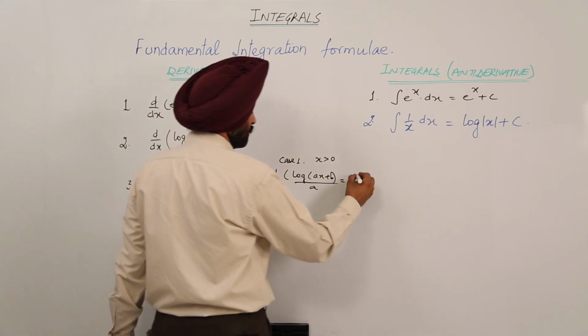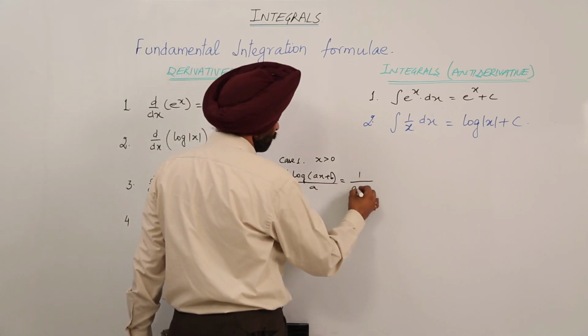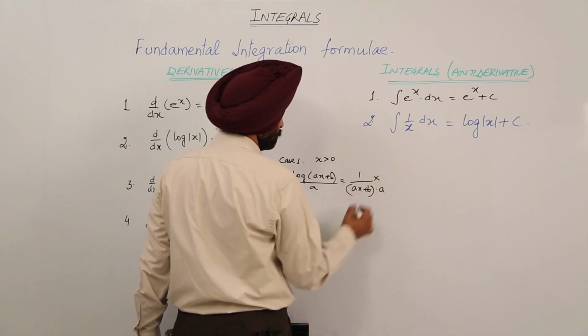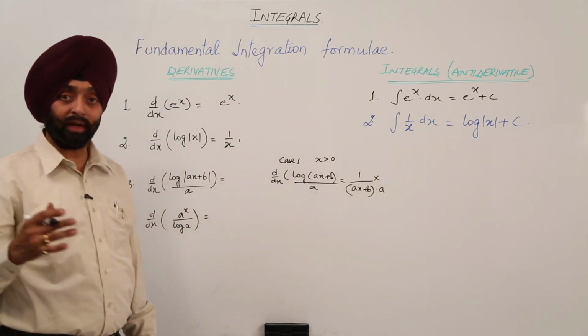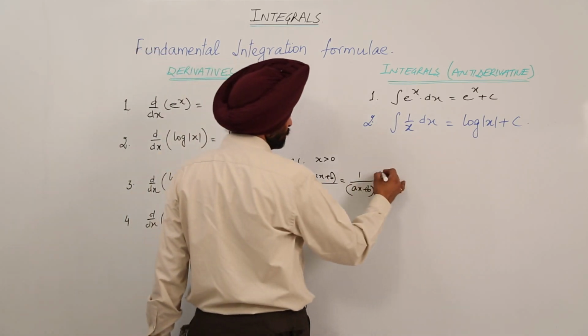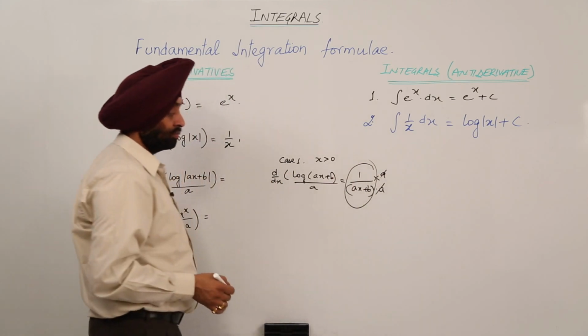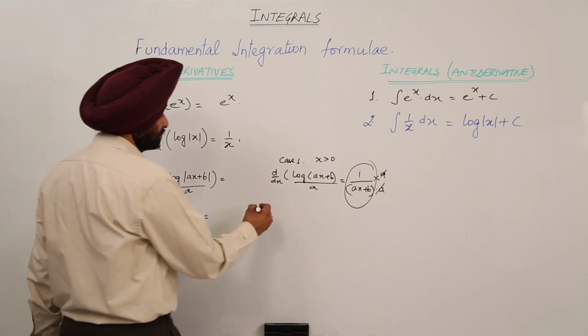Now this is again log u, 1 upon ax plus b into d by dx of ax plus b, that is a. So this cancels and we are left with this form, 1 upon ax plus b.